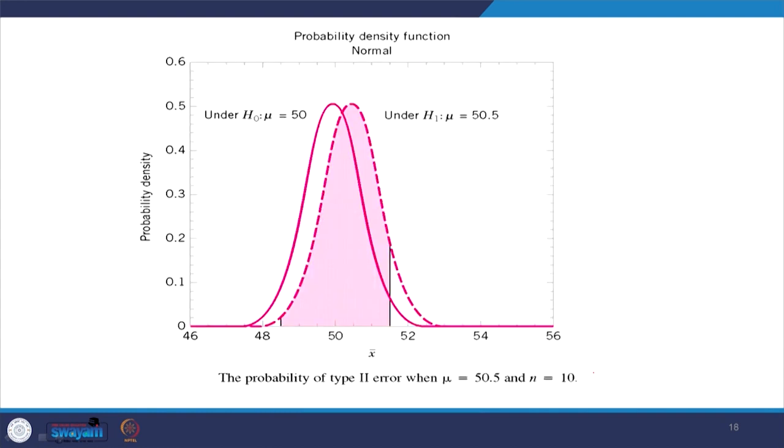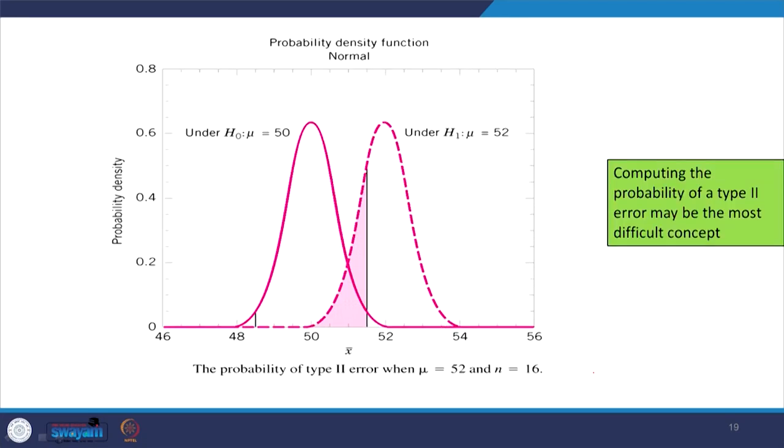You see this one? Again, when the mean is 50.5, there is more pink region, that is, more type 2 error. So, the point is, when the distance between your assumed mean and the true mean is decreasing, there is more possibility of committing a type 2 error.